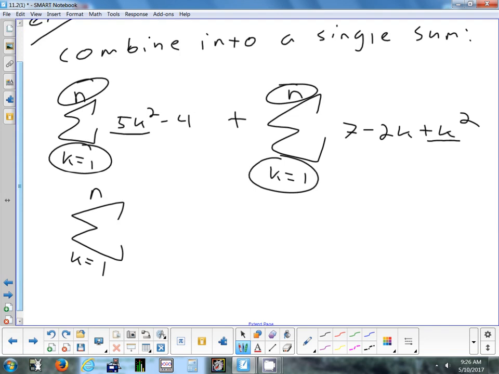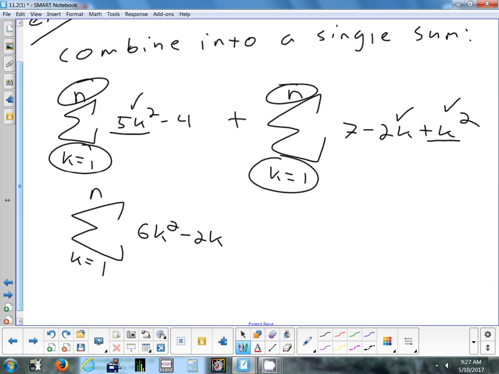What would be my squared term if I combine those 2 sigmas together? 6k squared. Yep, 6k squared. So we took care of that. How about my k term? Yep, negative 2k.